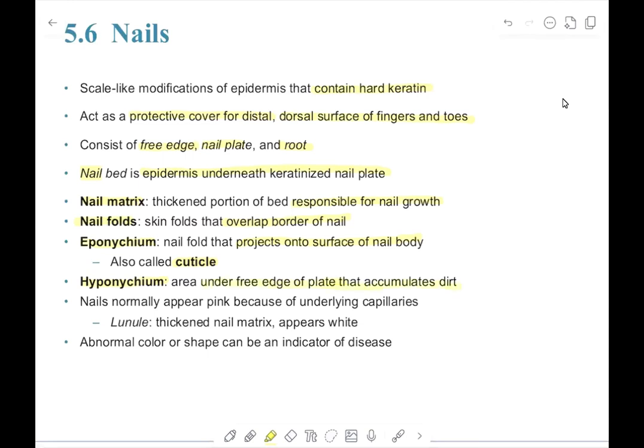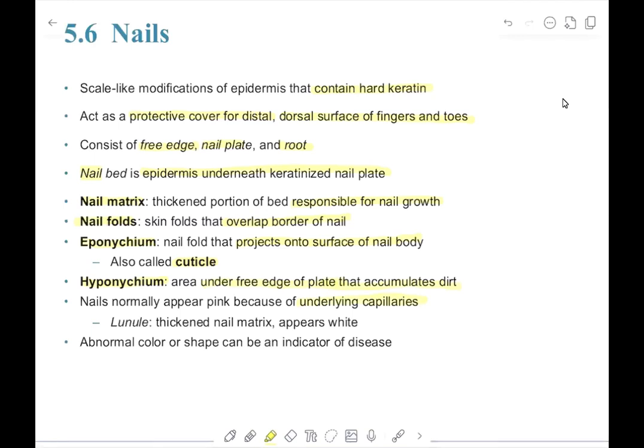So nails normally appear pink because of underlying capillaries. There's a lot we can tell by looking at the nails of a patient. So the color is very important. It should appear pink. If it appears to be like a darker bluish color, that could indicate some sort of cyanosis, lack of oxygen in the blood.